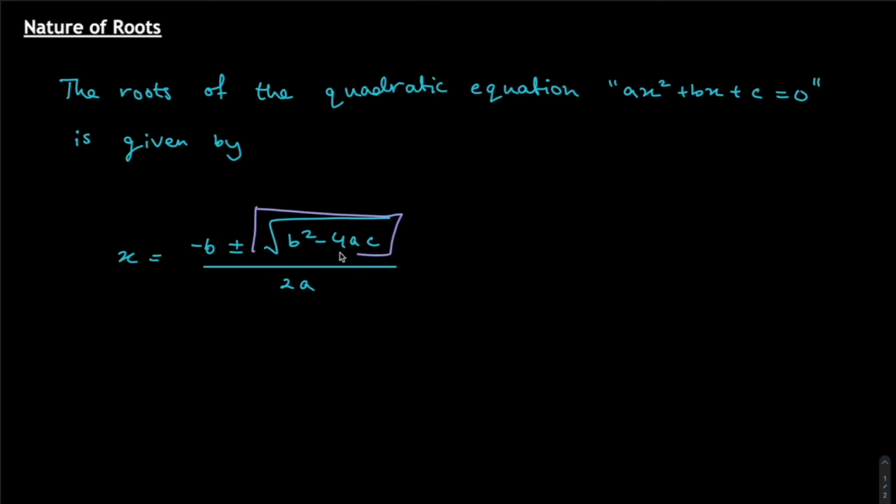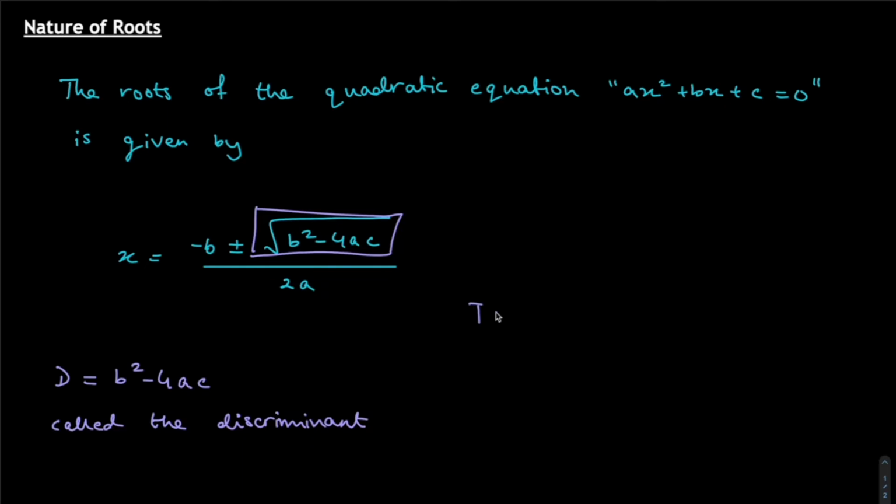Like in the previous video I mentioned, capital D is b squared minus 4ac, and it is called the discriminant. The property of the discriminant is what we're going to look at right now.